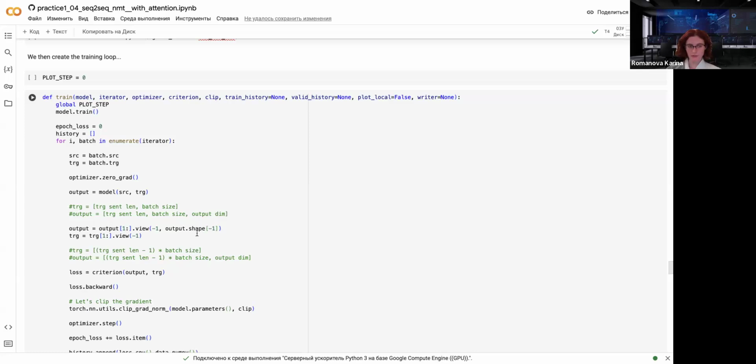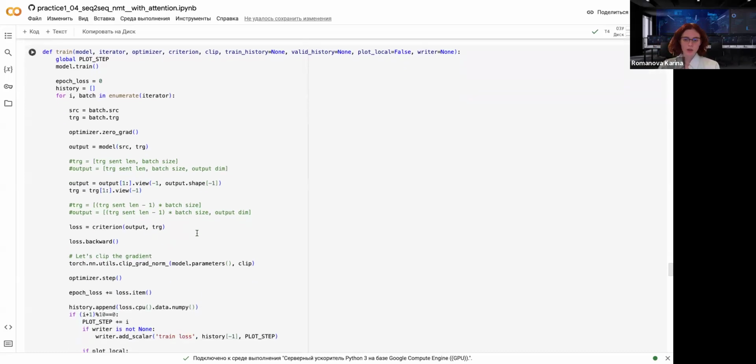So we have a classification task, but with a lot of classes. Because of this, we use the cross-entropy loss function, which measures how well the predicted words match the target words. We ignore padding tokens during loss calculation to prevent them from affecting the model's performance.